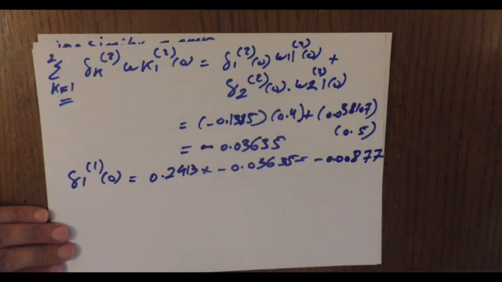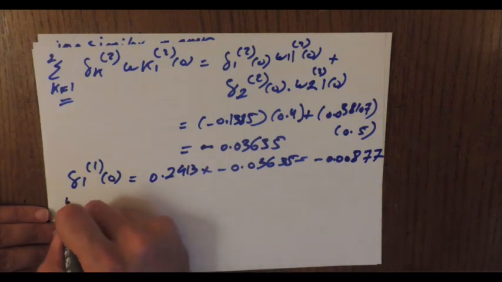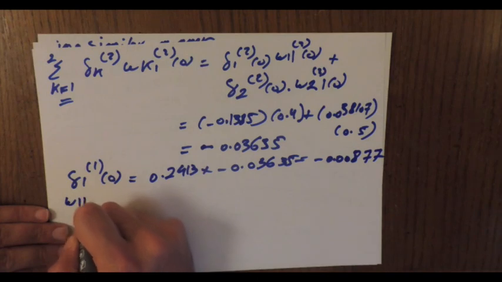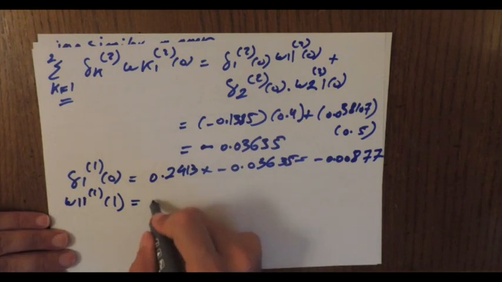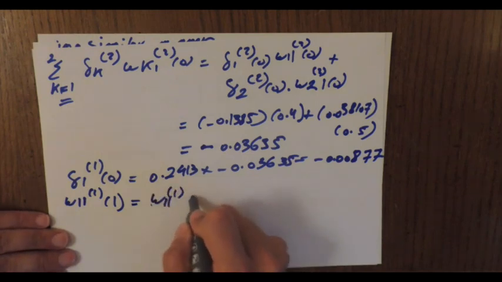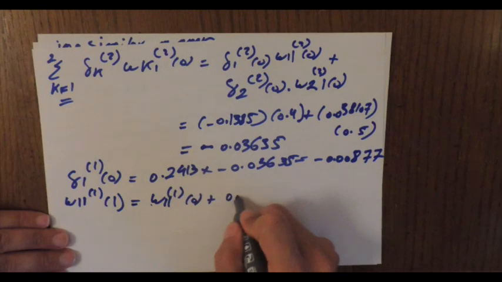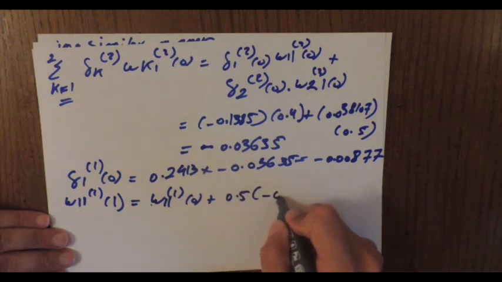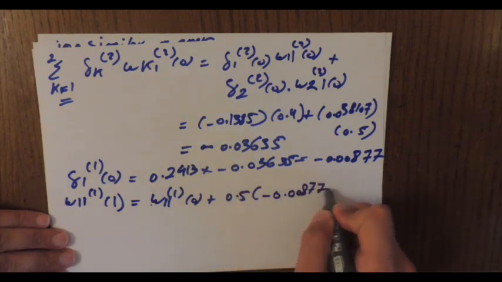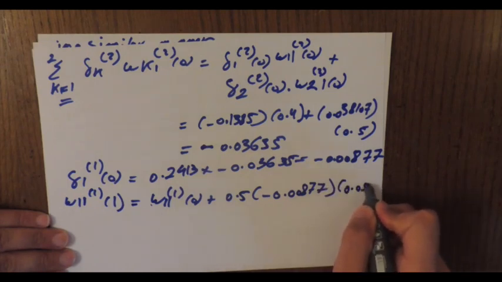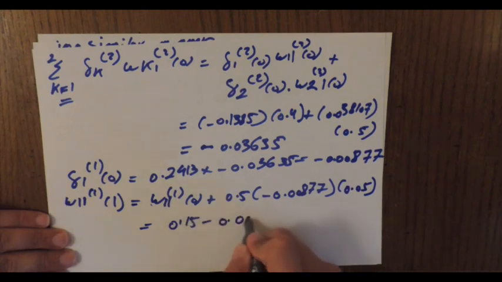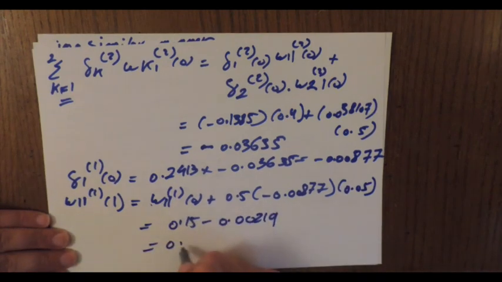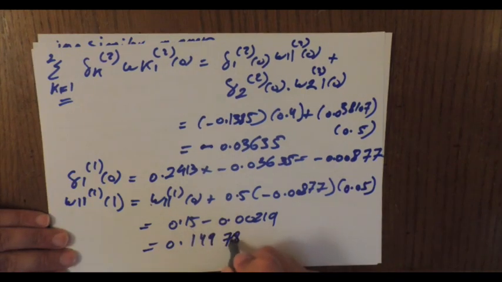In this case we can go ahead and say w11 of 1 of the next iteration is equal to w11 of 1 of the previous iteration plus 0.5 times minus 0.00877 times 0.05, and this will be equal to 0.15 minus 0.00219, which equals 0.14978.